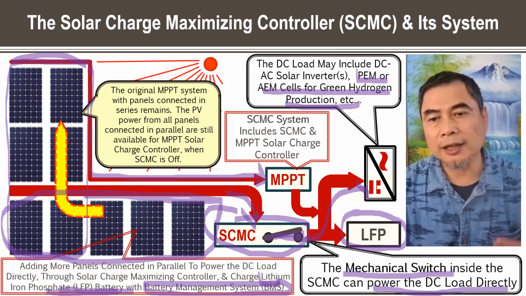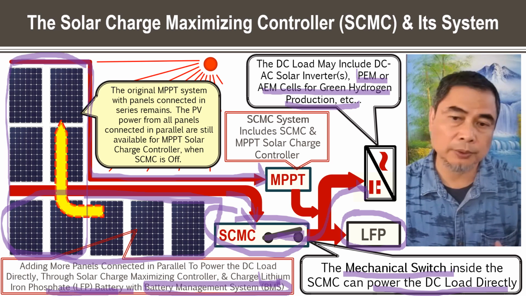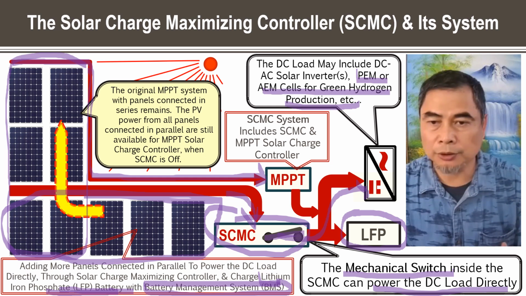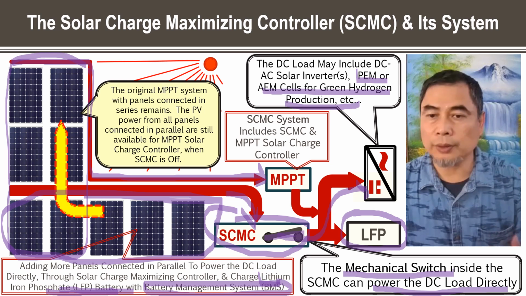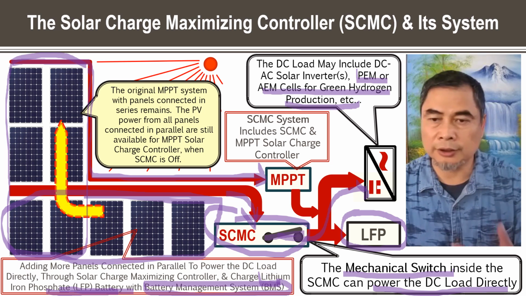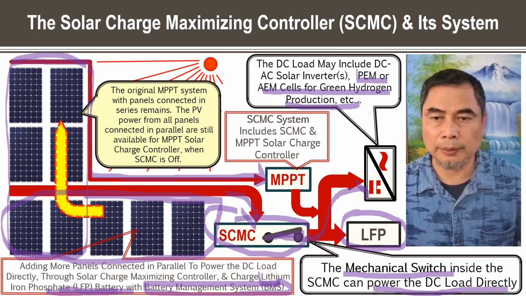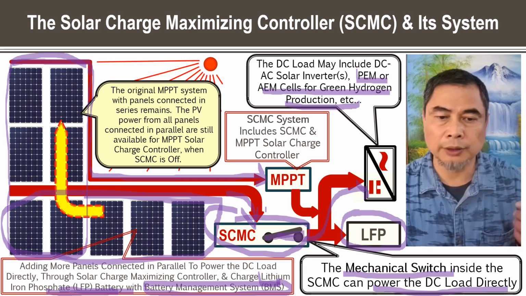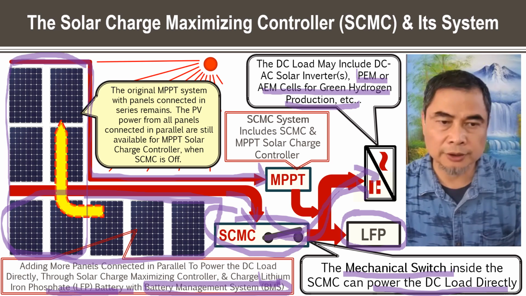So your green hydrogen production doesn't need to go through all these transformers, grid power supply transmission rules, and DC to AC, AC to DC inverter and converter changes that put a lot of power loss into the system. This is the most efficient way: you get DC power to produce green hydrogen directly.